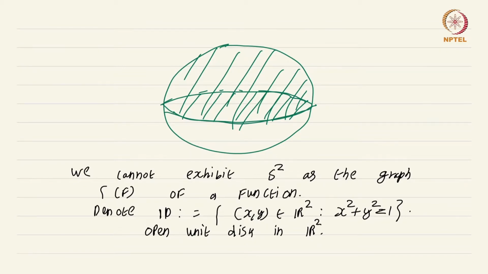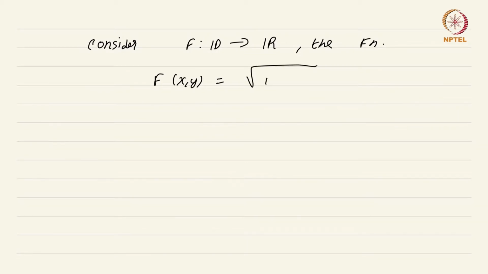What is that function? Well, consider f_+ from D to R, the function f_+(x, y) is nothing but the square root of 1 minus x squared minus y squared.